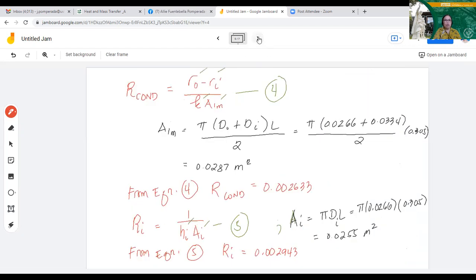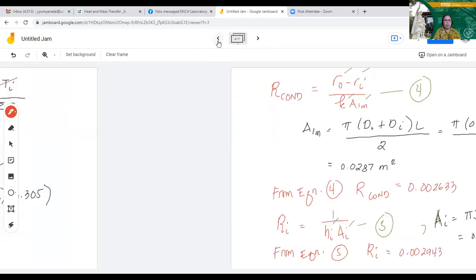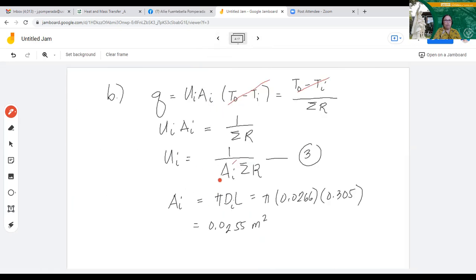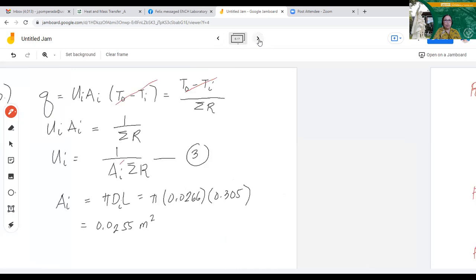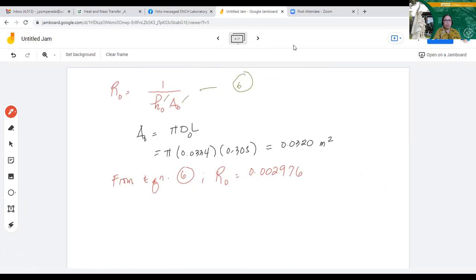So we'll get the summation of R, or we can go straight to substitution to this particular formula. So from equation 3, here in this page number 6, your U sub i is equal to 1 over, I think I wrote here the inside area, 0.0255.